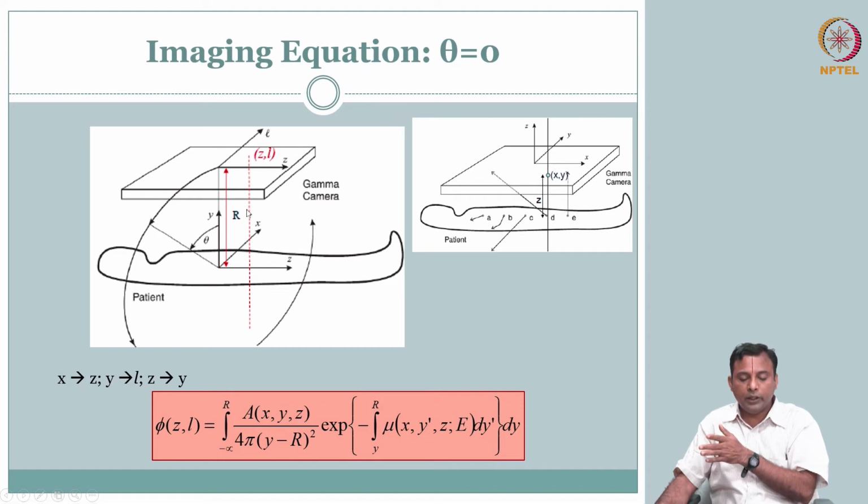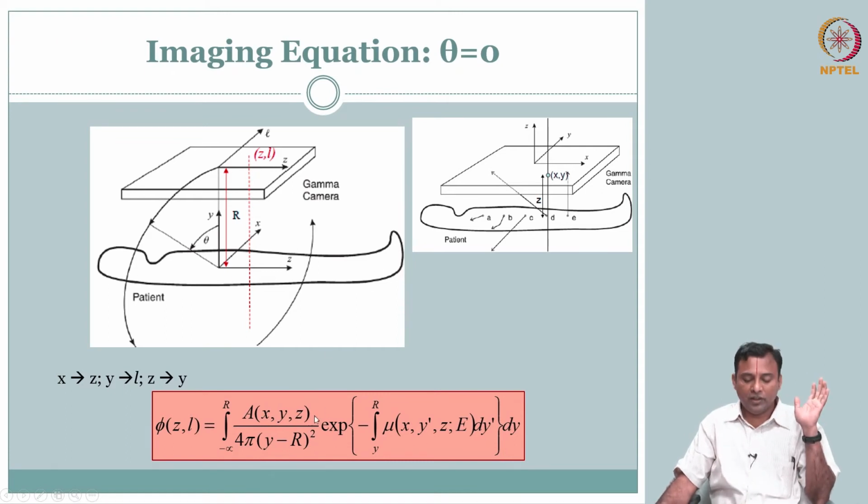So, I just need to worry about X comma Y. So, A of X comma Y is what I want. I can locate at different Z's, I can be at head or I can be at foot, that is fine. Okay. So, we will not have to worry about this variable Z; we can make this a plane, which is what we will be interested in. We are not interested in volumetric imaging; we will do only slice imaging here.